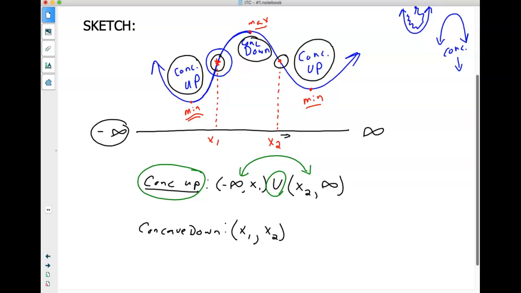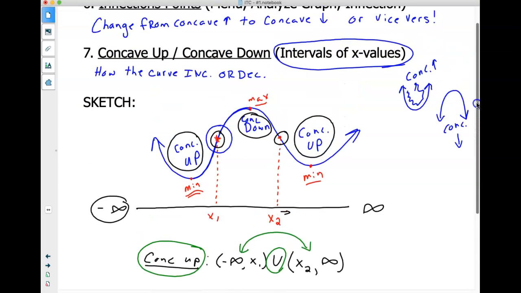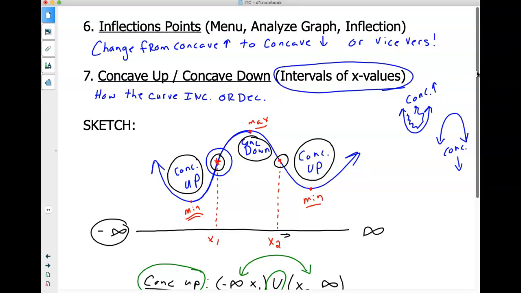Okay, so points of inflection are when I have a change from concave up to concave down. Points where concavity changes are points of inflection.